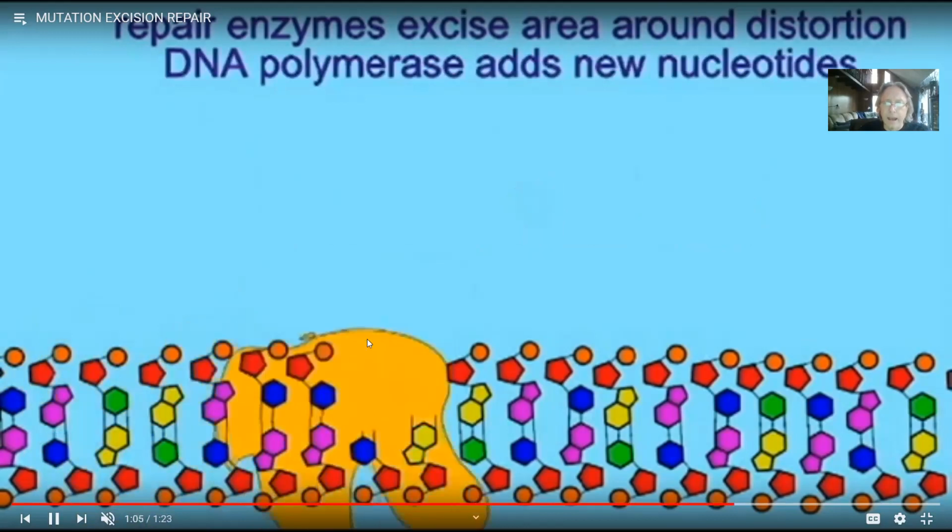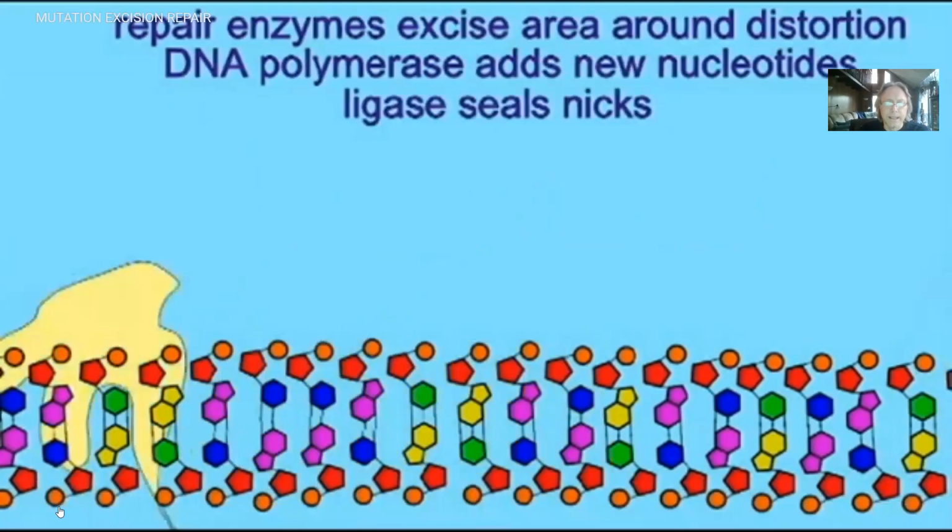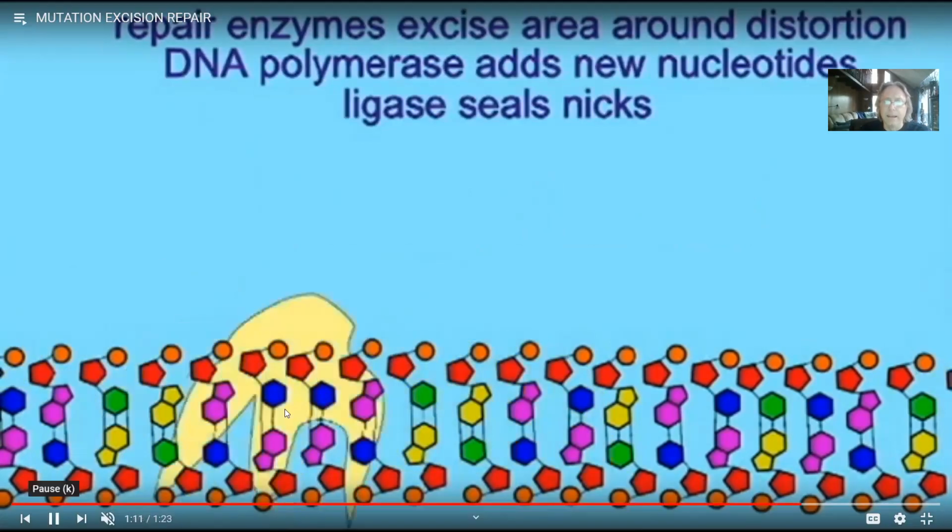And then, although, I just noticed that these are going the wrong way. Sorry about that. And then an enzyme called DNA ligase can then seal the nick. And so therefore, what was a distorted region has now been fixed.